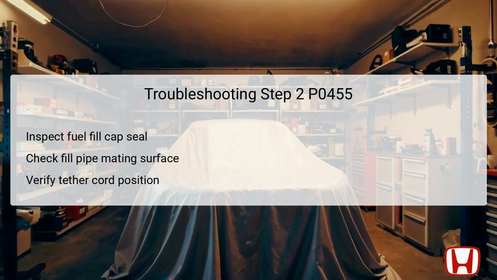Step 2 requires inspecting the fuel fill cap seal to ensure it is neither missing nor damaged. Additionally, the fuel fill pipe's mating surface should be examined for any cracks or imperfections that could contribute to a leak. Inspecting the fuel fill cap tether cord is also essential. It should not be snagged or caught under the cap, which could prevent a proper seal.